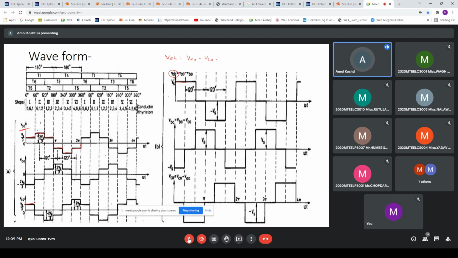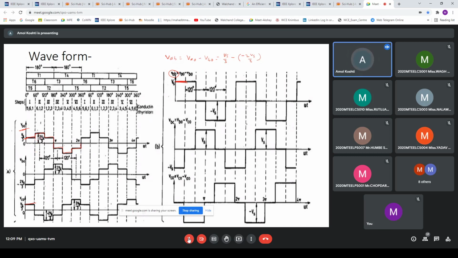Now VAO, what is the magnitude here? Vs by 3. Then minus of this, what is VBO? Here it is minus 2 Vs by 3. So it becomes minus minus plus, 3 Vs by 3, so it becomes Vs for this interval. For further intervals also we have to write this.